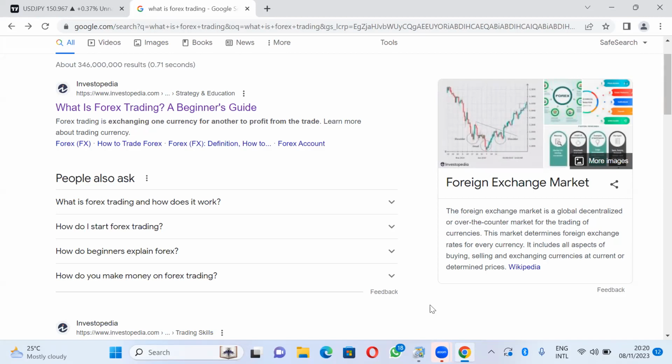That is forex trading. You have just exchanged dollar for naira, and vice versa, you can also exchange naira for dollar. Whenever you exchange currency, it's called forex trading, which is also foreign exchange. So that's the basic layman understanding about forex trading.